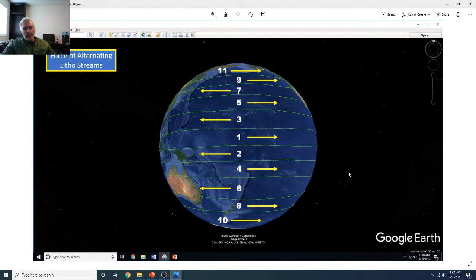So this is how you look at it. Now 11 and 10 are actually not, and I titled it lithostreams because this was before I really got to the point where I had to boil it down to asthenospheres to my understanding, right? Now, streams 11 and 10, those are actually polar ring areas. They're not separate streams.